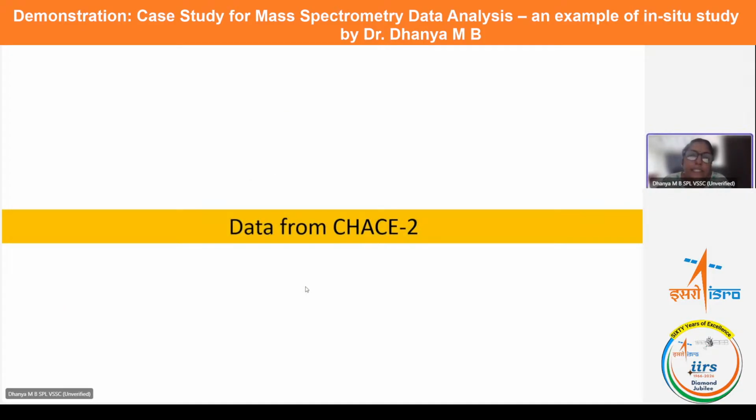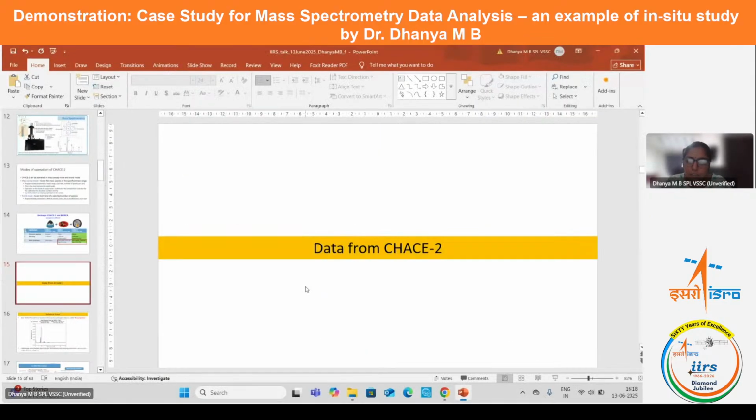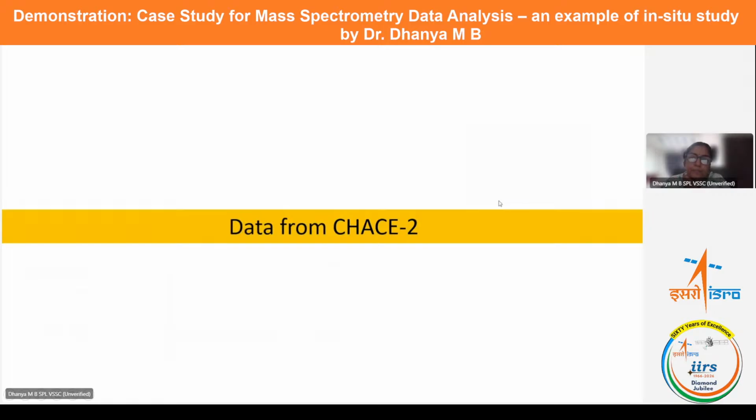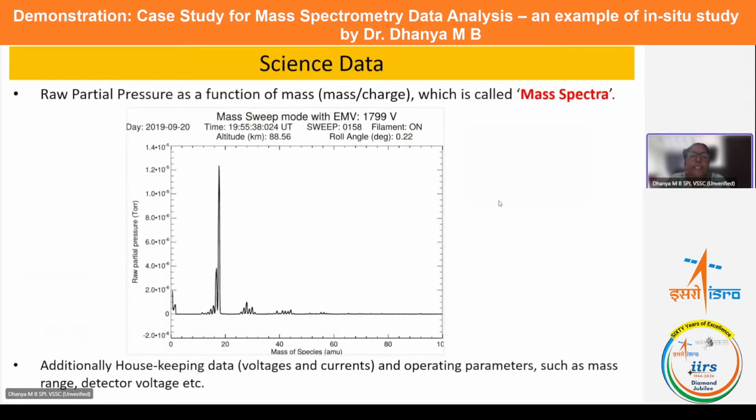So now let us look at the data part. What is the science data from CHACE-2? Basically, in the science data, as I mentioned, we get a pressure corresponding to each mass by charge bin, which is called the partial pressure.